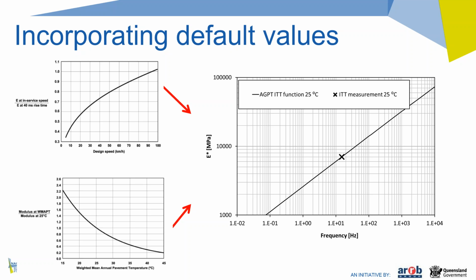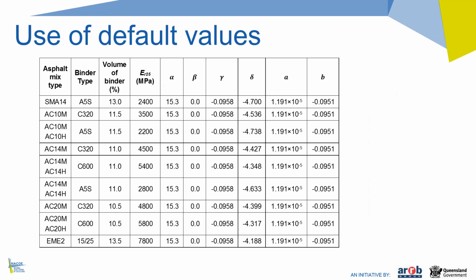The only caveat on that is, of course, that the approach will be as accurate, or lack the accuracy, if you like, that the current method in Austroads does. It's not exactly an improvement, it's just a more consistent use of master curves, to get people used to using master curves.